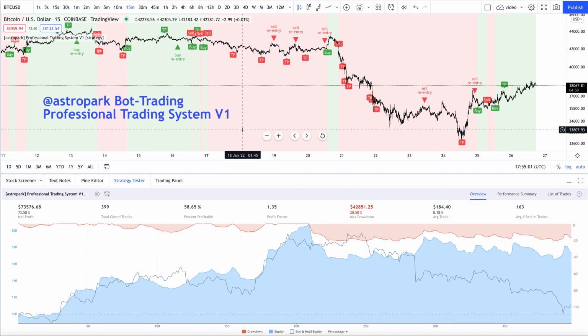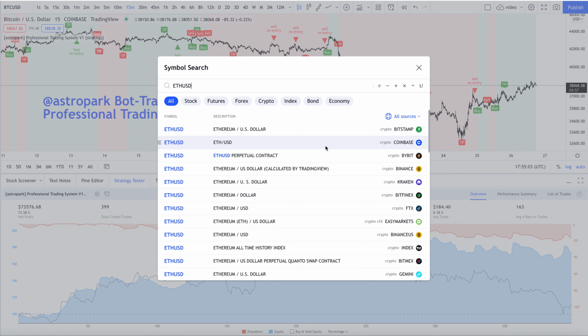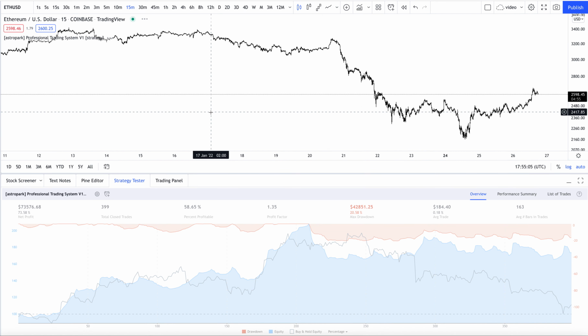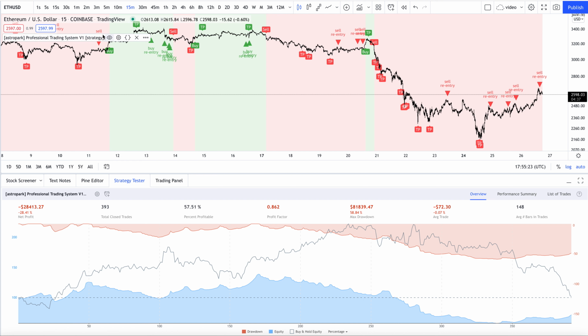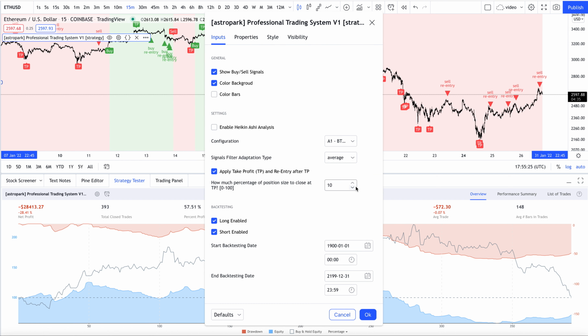Let's say Ethereum. If you want to trade Ethereum, the default settings, as you can see, are not good. You have almost 60% drawdown. You end up with a net profit which is pretty negative, and basically Ethereum has much more volatility than Bitcoin.